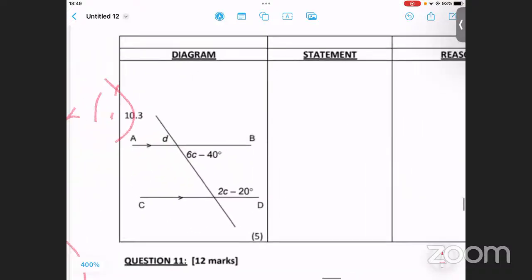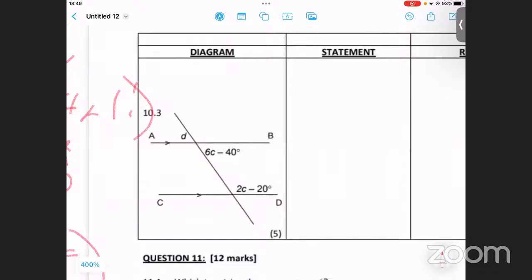And it's just 5 marks, this one. What's the total of these two must equate to?